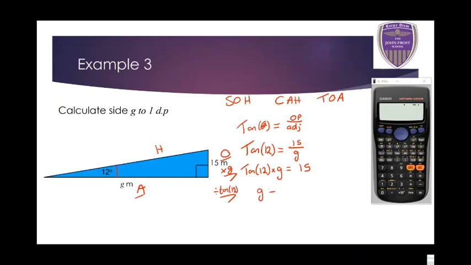That leaves us with G is equal to 15 over tan 12. And if you type in your calculator 15 divided by tan of 12, press go, you find that G is equal to 70.6 centimeters, and that's to 1 decimal place.